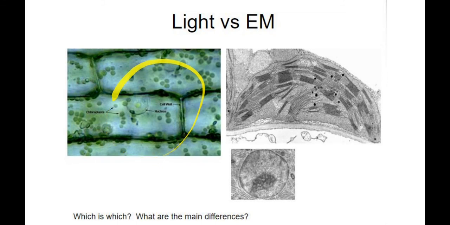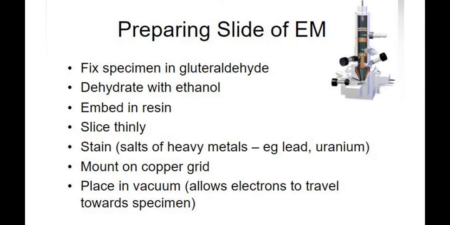If we use light, then we will get a colored image. Sometimes we use special dyes to produce a more contrasted image. In the electron microscope there is of course no color, and the electron microscope can work on transmission and on reflection.